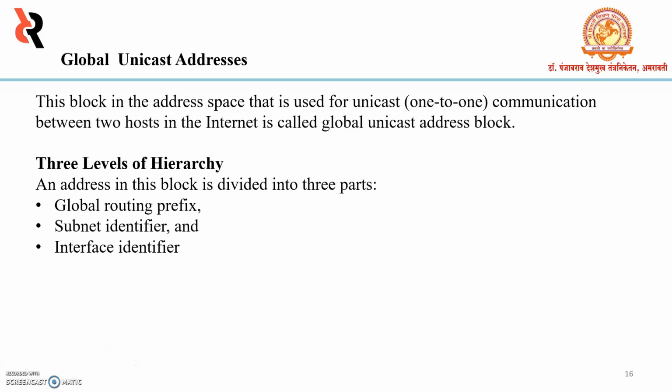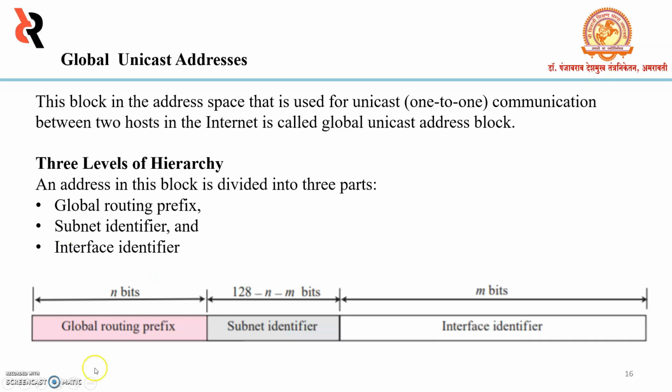An address in this block is divided into three parts: global routing prefix, subnet identifier, and interface identifier. Global routing prefix: the first 48 bits of a global unicast address are called the global routing prefix.